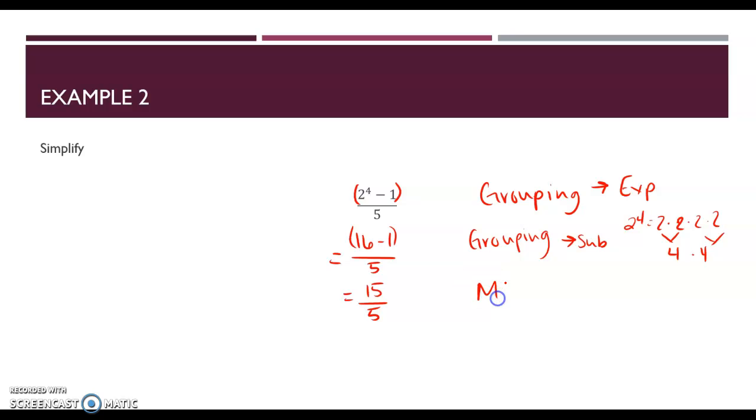And so our last step is to look at the multiplication and division. There is no multiplying. It's just division. So 15 divided by 5 is 3. And again, just remember, fractions are a representation of division. So when we see a fraction, that's basically a division operator.